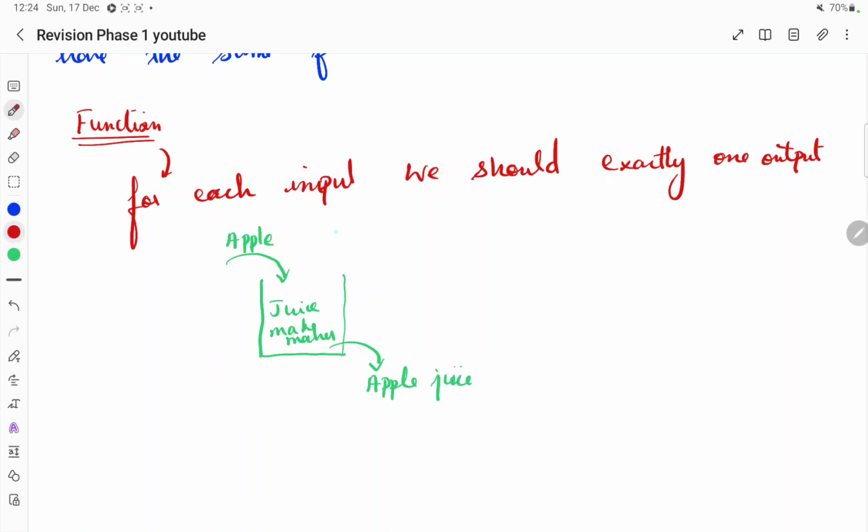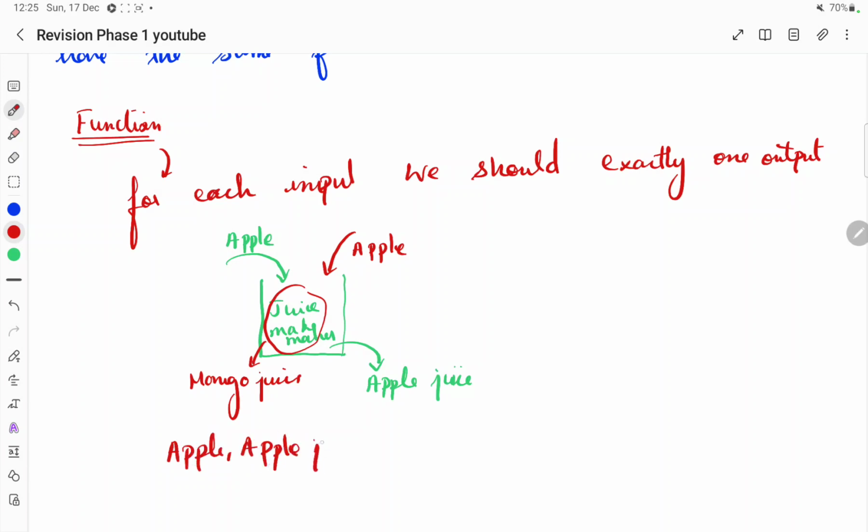Next I am putting apple again. The second time I am getting mango juice. So my input was the same, but I am getting two different outputs, which means this is not a valid machine. So I have apple comma apple juice, and second, apple comma mango juice.